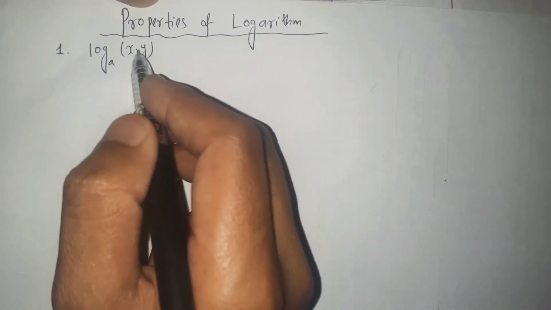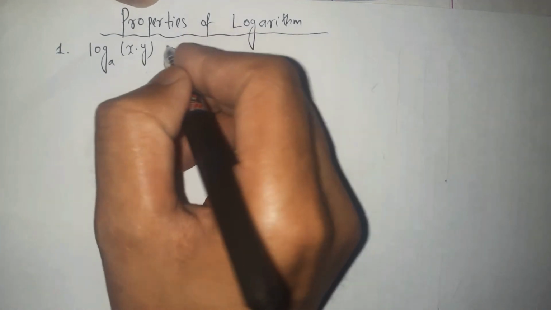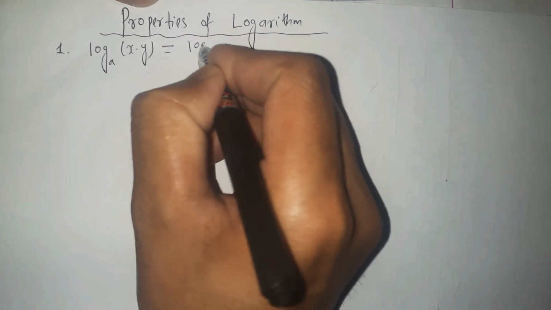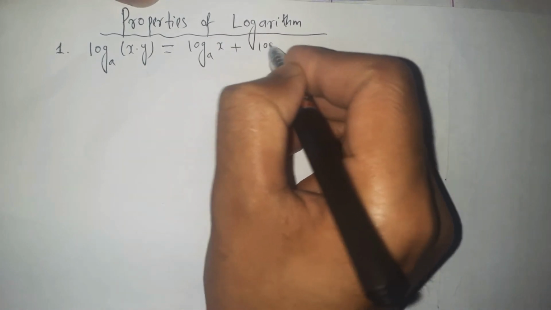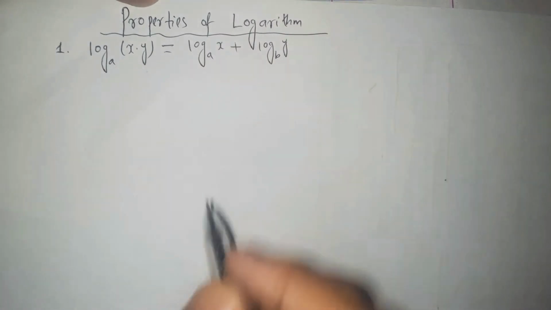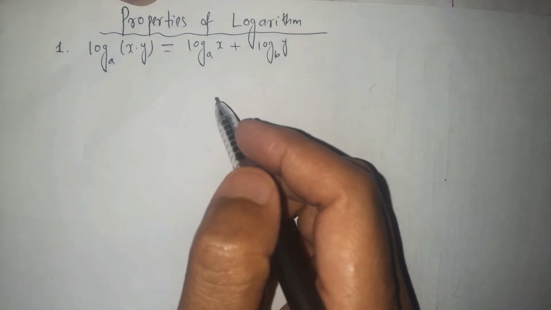The log of x times y with base a is equal to log of x with the same base plus log of y with the same base. It is the product law.